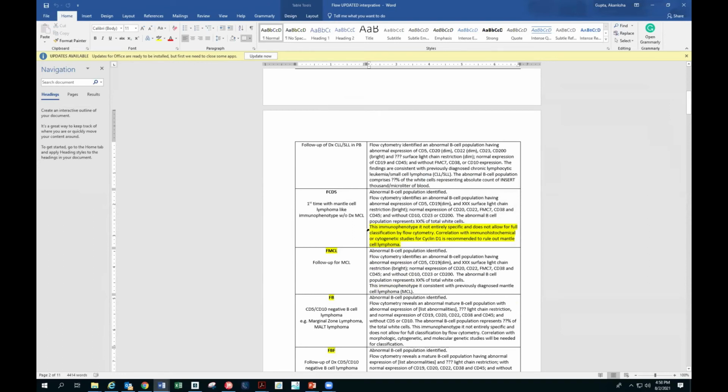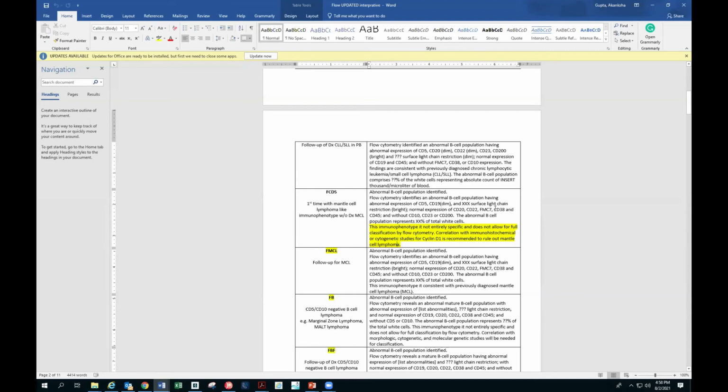And then they would mention this comment. They would say, this immunophenotype is not entirely specific and does not allow full classification by flow cytometry. Correlation with IHC, cytogenetics for cyclin D1 is also recommended to rule out mantle cell.